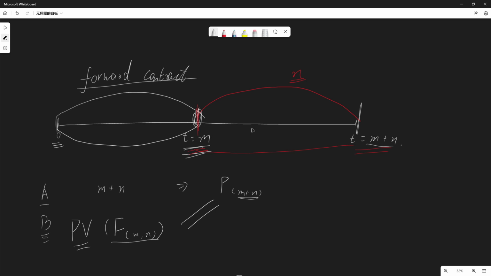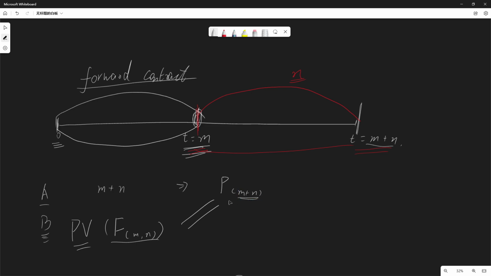But at time t equals m plus n, B also gets that bond payout, because the bond is a zero coupon bond. They will just pay the face value of that bond. Okay, so essentially investors A and B are doing the same thing if nothing happens. So we got an equation.